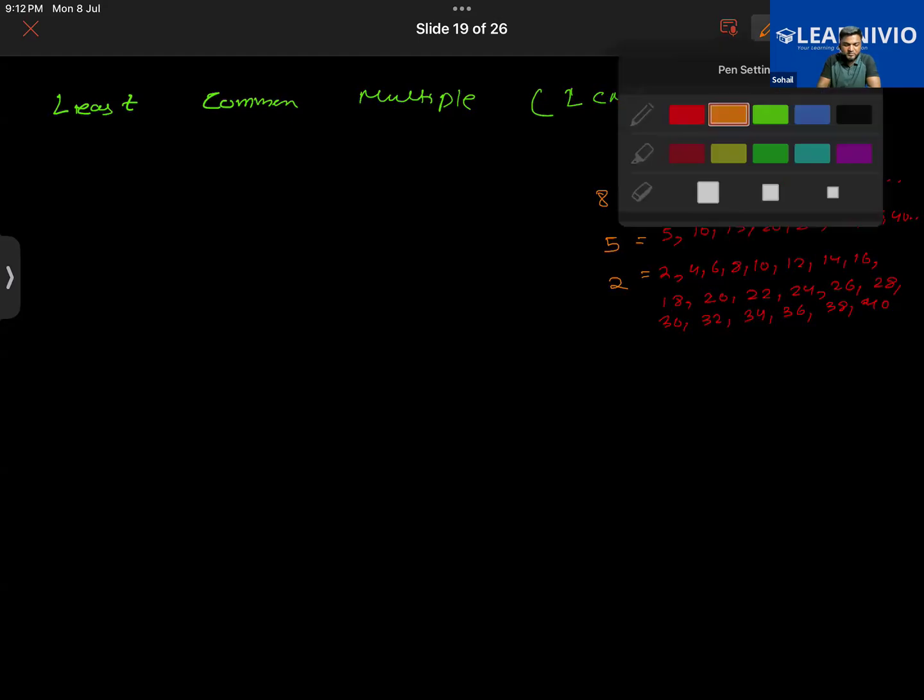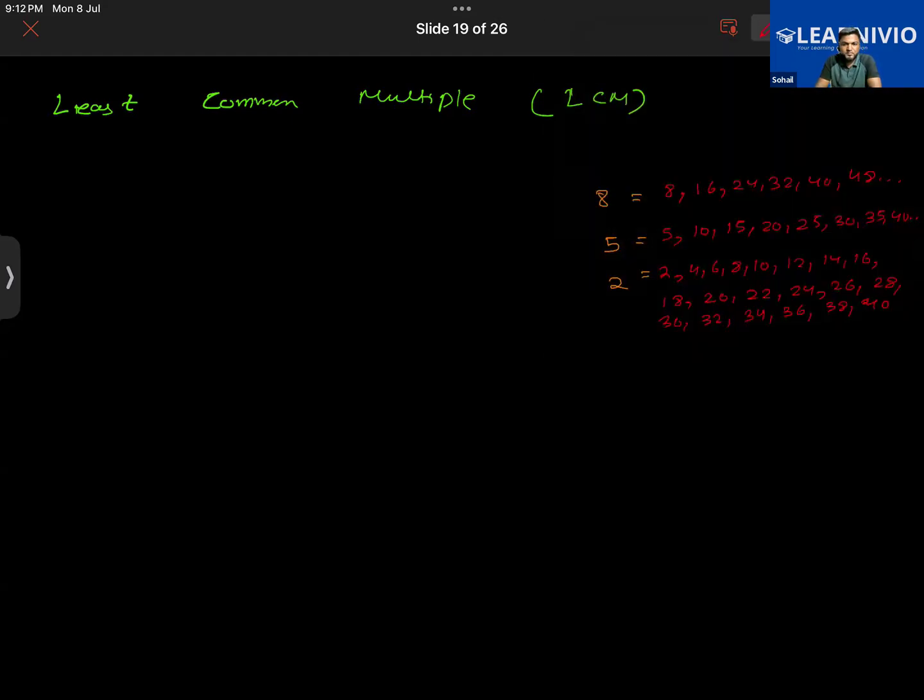There would be some bigger numbers also. Getting it? For example, 80 is also a common multiple of 8, 5, and 2. 8 tens are 80, 5 sixteens are 80, 2 forties are 80. So 80 is also a common multiple of 8, 5, and 2.